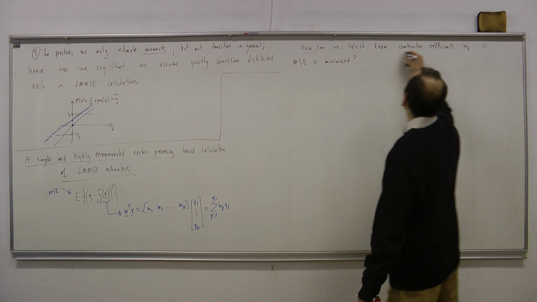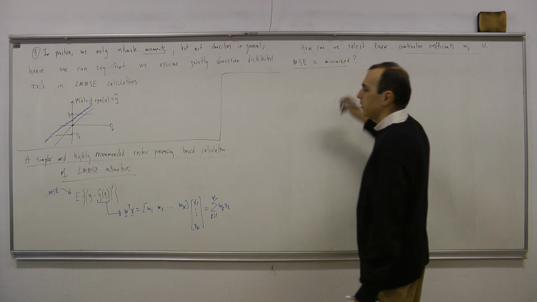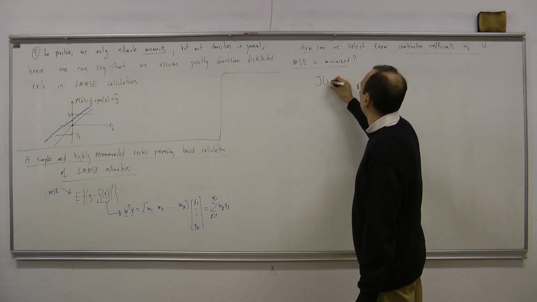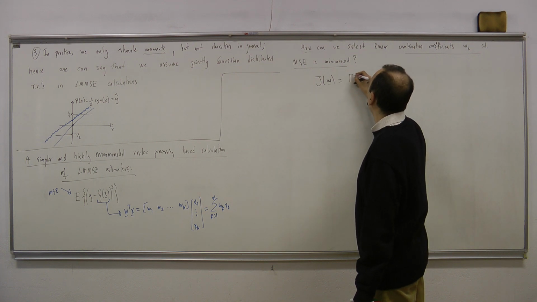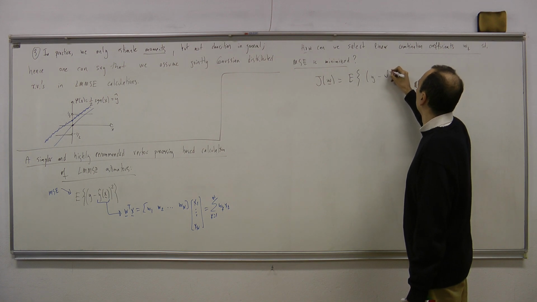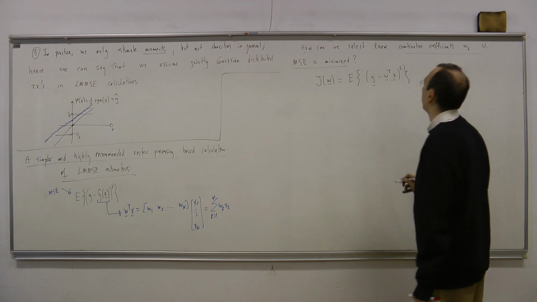Okay, so how can we select this? Actually, this is not a very difficult thing to do. Now I am defining J of W vector, and this is as we have done a few seconds ago.